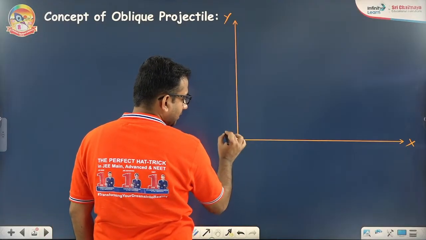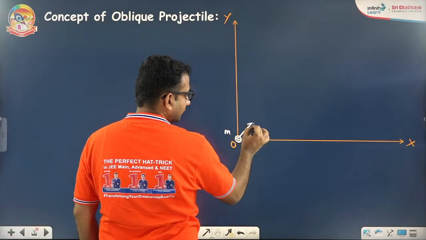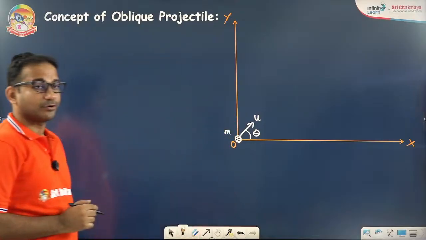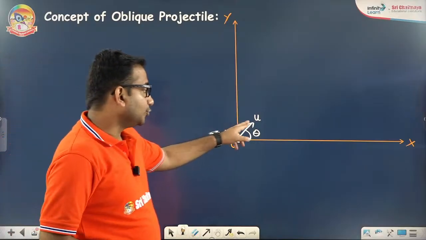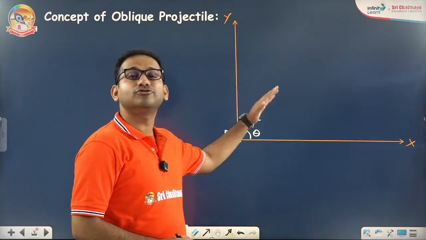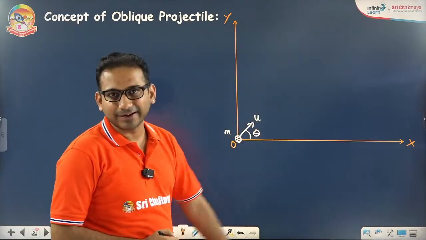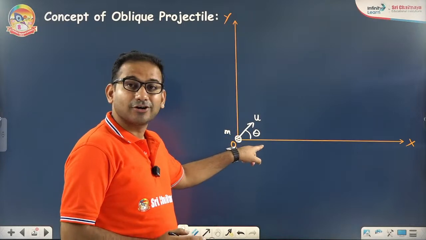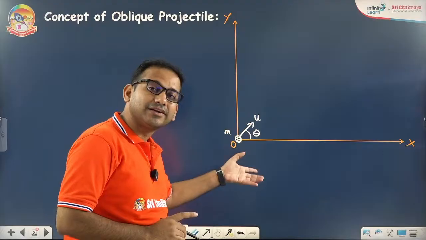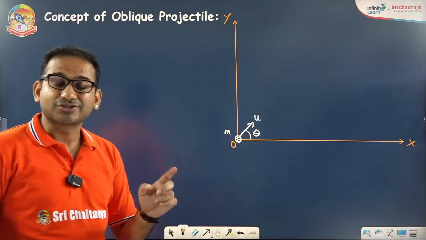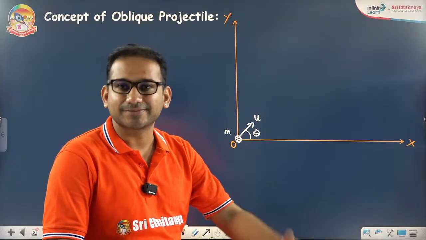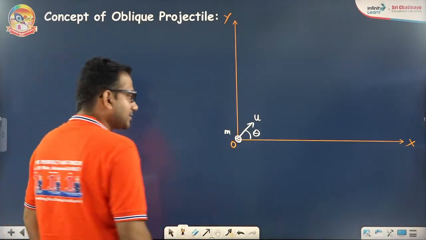There is an m mass object thrown with a certain velocity u, making a certain angle theta. u is called the velocity of projection, the velocity with which you have projected the particle, and theta is called the angle of projection. Theta is generally made with the horizontal, but not necessarily.